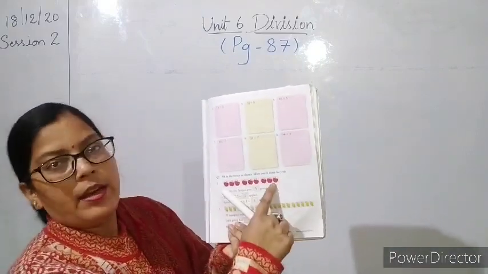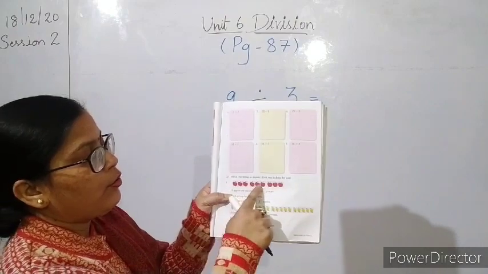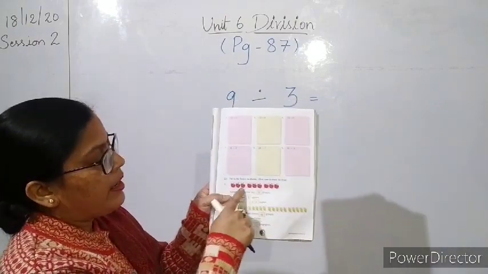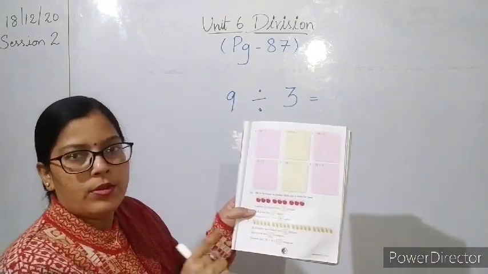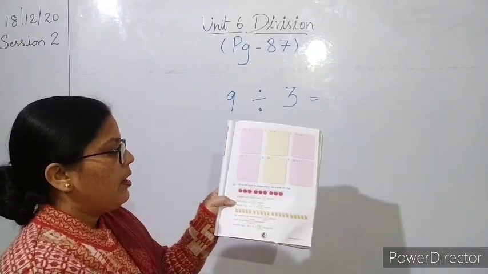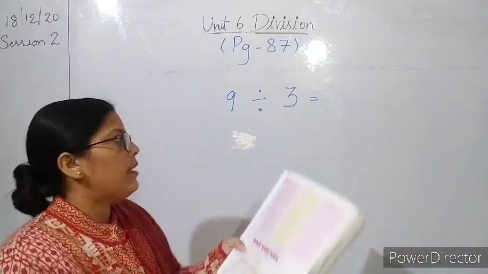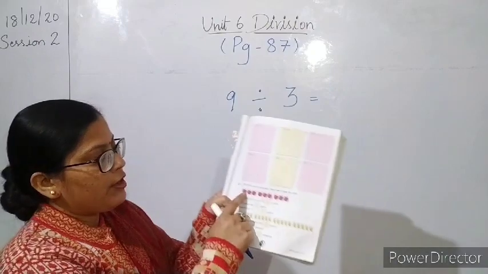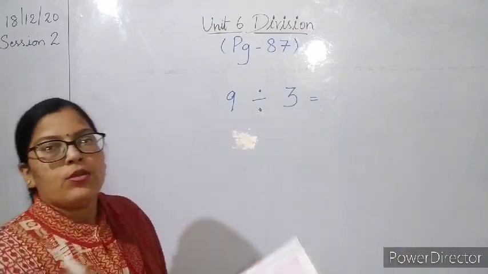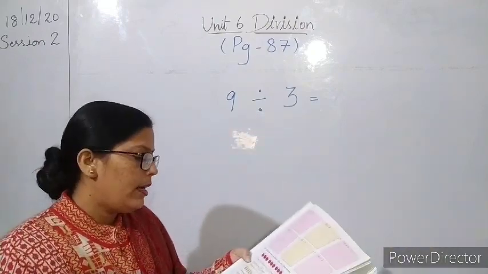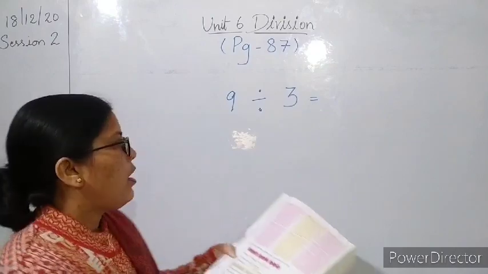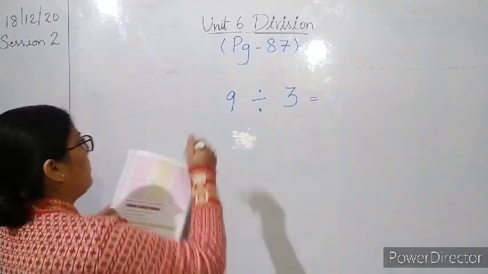How many apples are there? 9 apples are divided into 3 groups. You can see these pink colored blocks are made to show the division. Now each group has how many apples? You can see 1, 2, 3, 1, 2, 3, 1, 2, 3. So each group has 3 apples. Now the division fact is also written here.